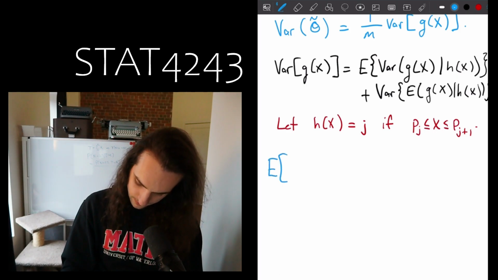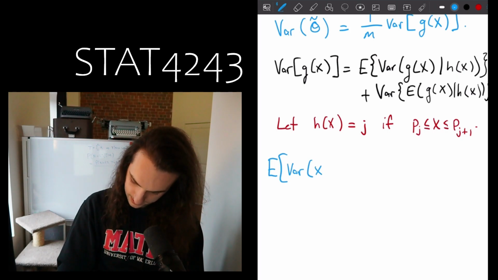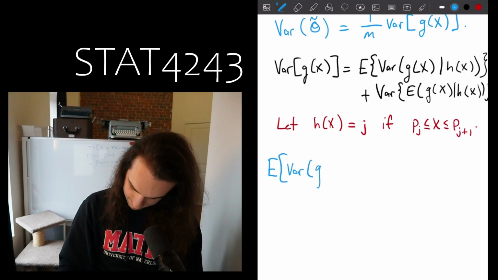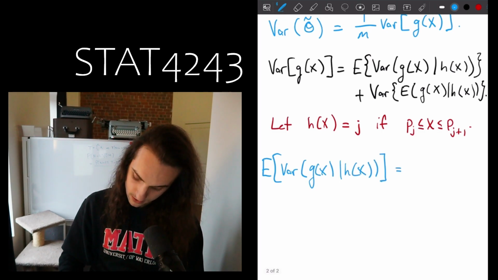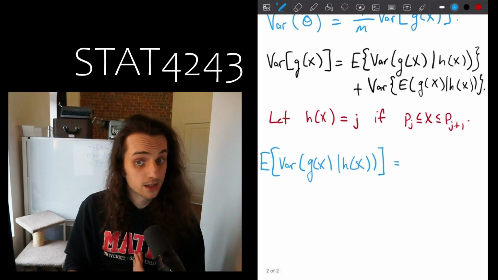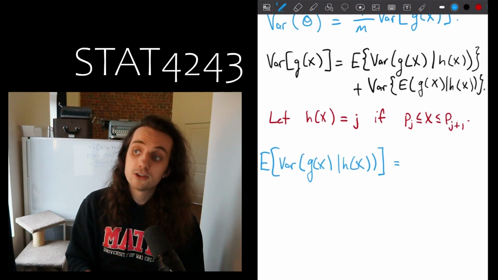The expected value of the conditional variance of g of x given h of x, right? And so for this expectation, we can sum over the different values here.